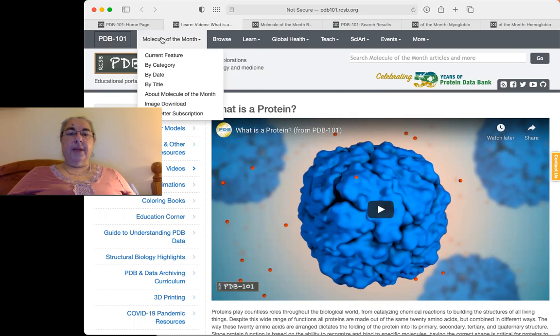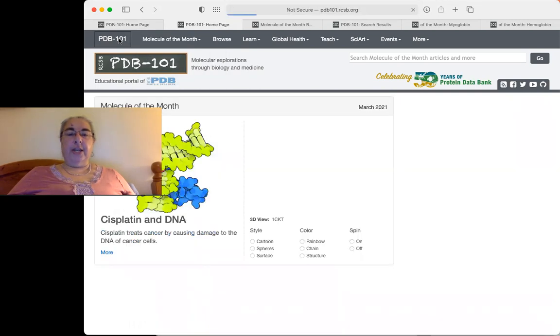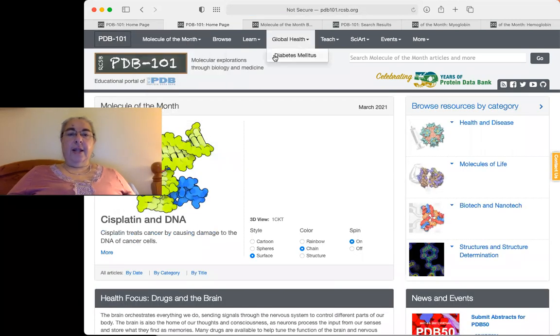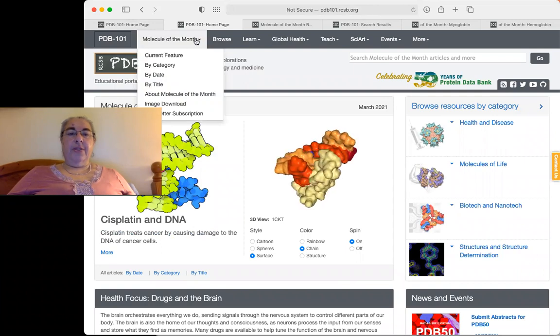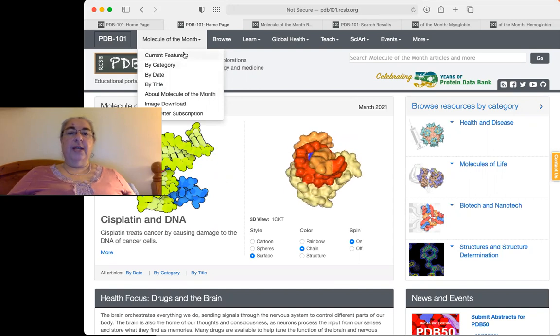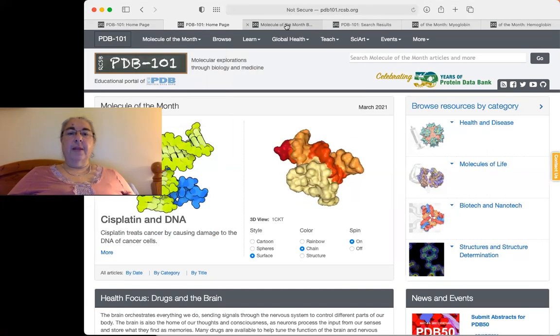If I go back to the front page again, under the molecule of the month, you can find a number of different molecules, and there are a few particular ones that I'd like you to look at.